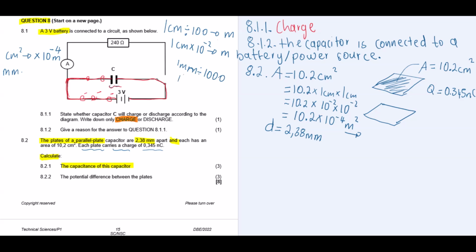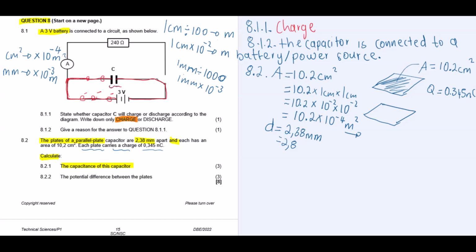When you divide something by 1000, this is similar to just multiplying by 10 to the power of negative 3, because we count the number of zeros here, 1, 2, 3, which is negative 3. So for this one, we have 2.38, and we just multiply by 10 to the power of negative 3. Now this is in meters. The area was in meters squared because we multiplied by 10 to the power of negative 4, and this one is in meters.